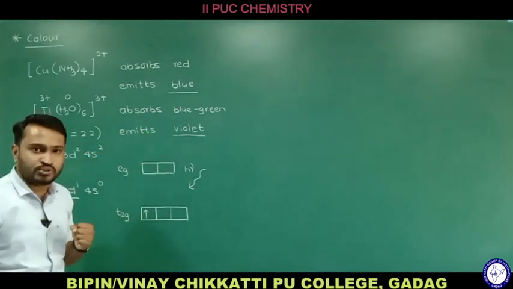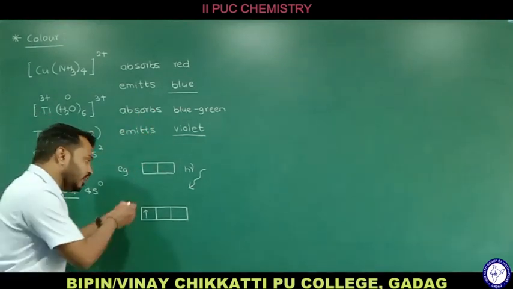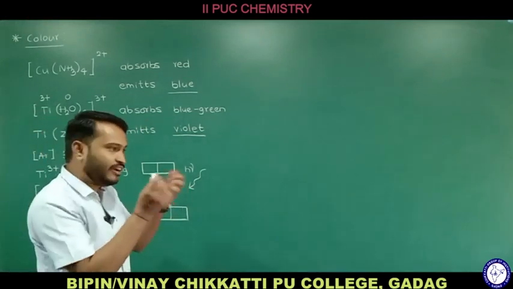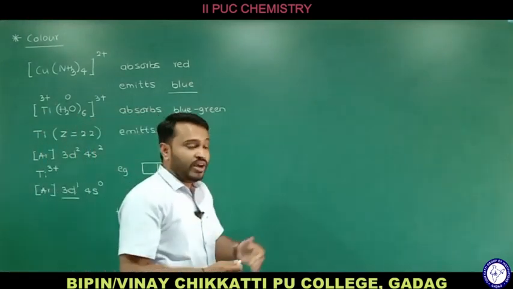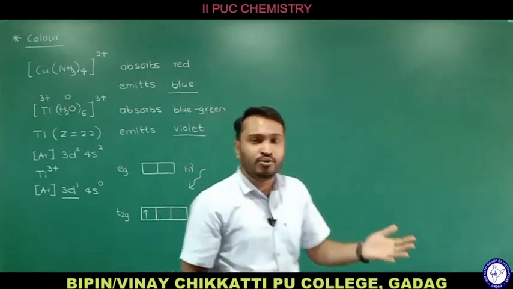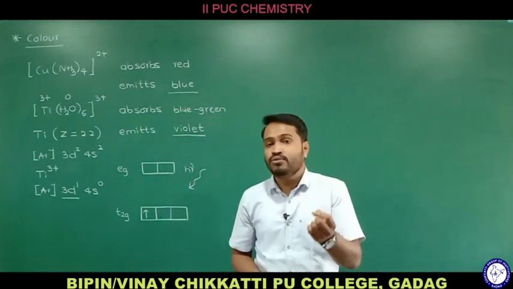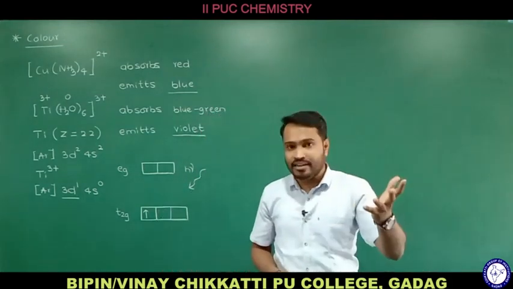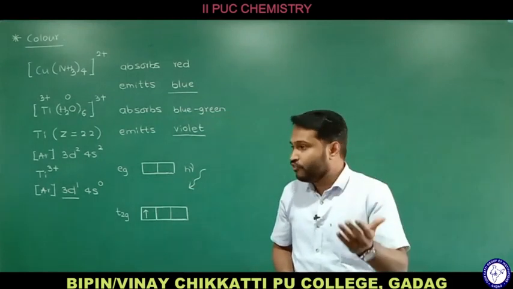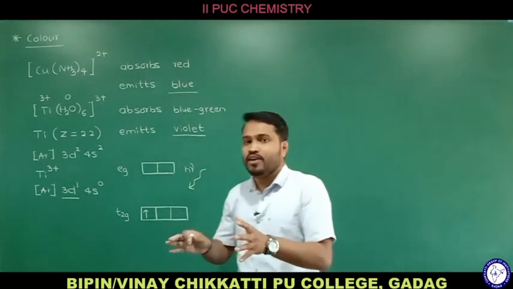In that case the electron is going to possess energy. When energy is supplied, the electron is excited, and therefore there will be a shift of the electron from the T2g level to the Eg level.